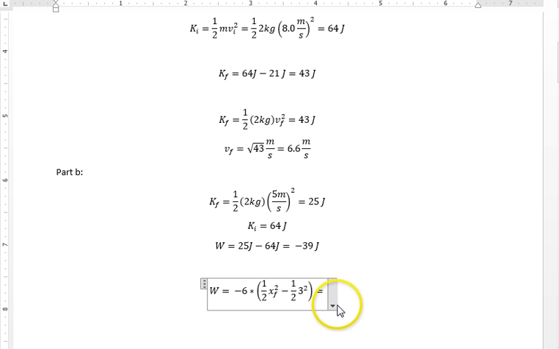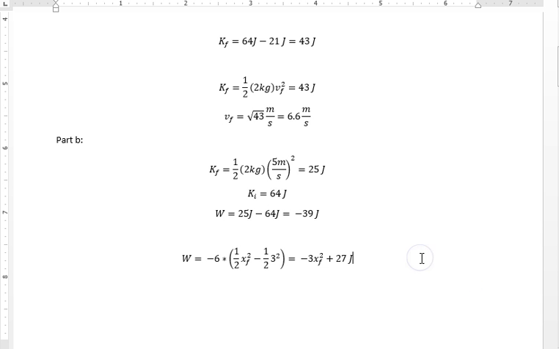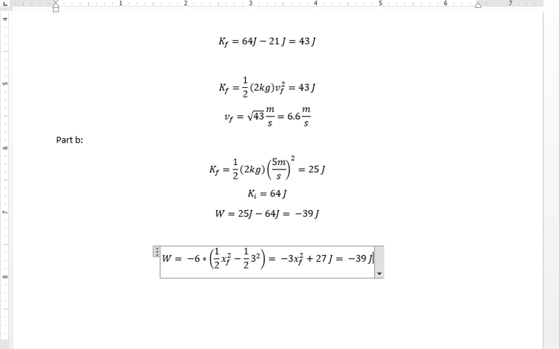So we can simplify this down to minus 3 x final squared plus 27 joules. Okay, and all of this needs to equal the minus 39 joules.